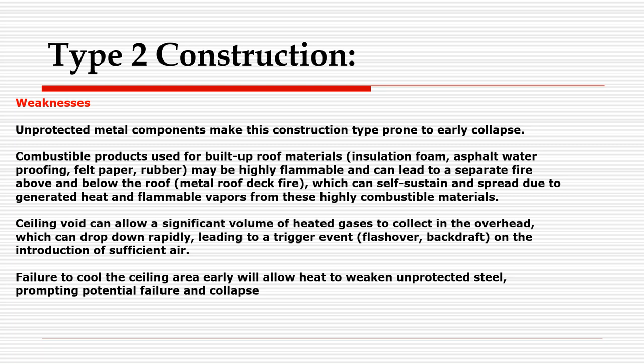So if you arrive and it's a type 2 construction room and contents fire, and the fire breaks a window and it starts heating up the roofing material, you can have a separate fire because some of that material is flammable. Failure to cool the ceiling area early will allow heat to weaken unprotected steel, prompting potential failures and collapse.